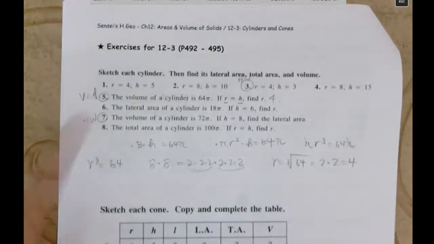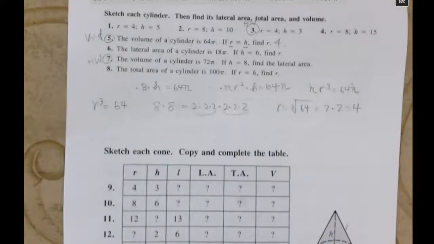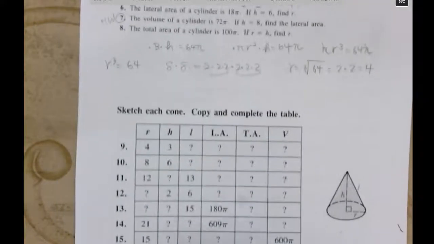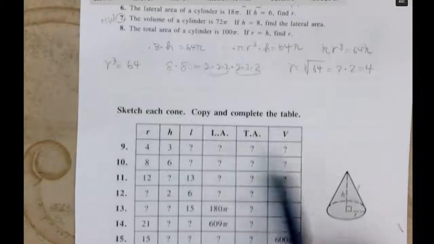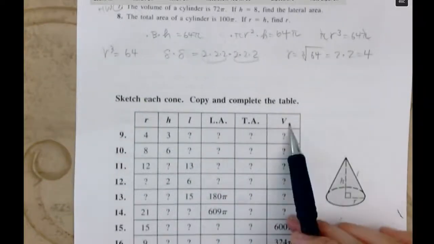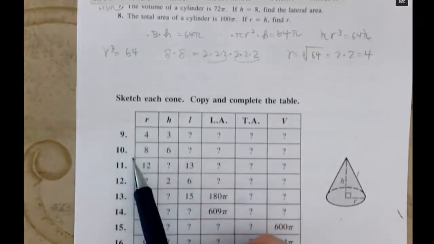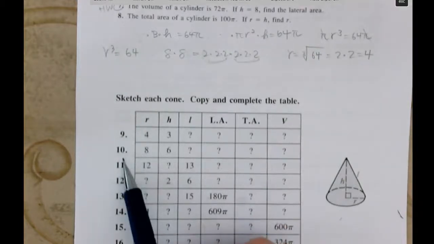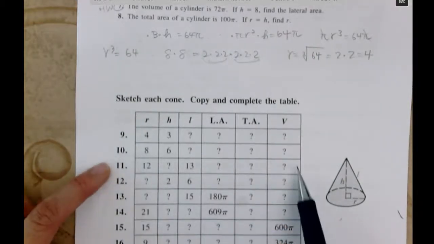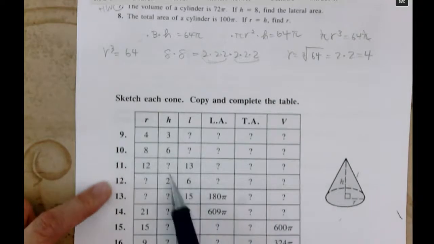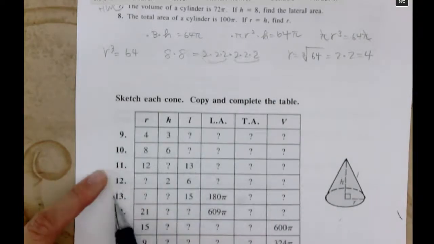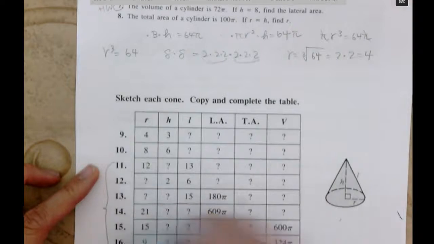All right, you do 7. And this one is a good exercise. You have the radius, the height, and so on, and then you have to get the lateral area, total area, and volume. I don't think you need to do these because they are simple. I want you to practice with these; it's good to do these. Why don't you do all of this?